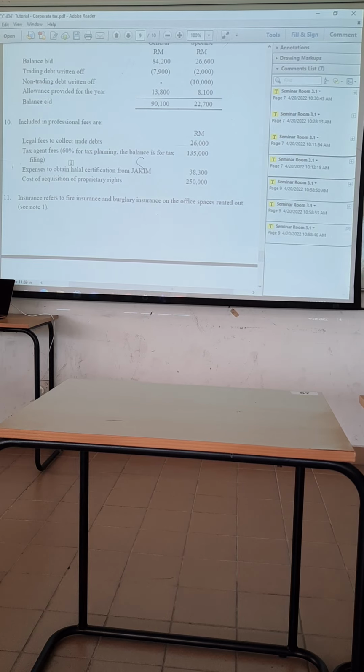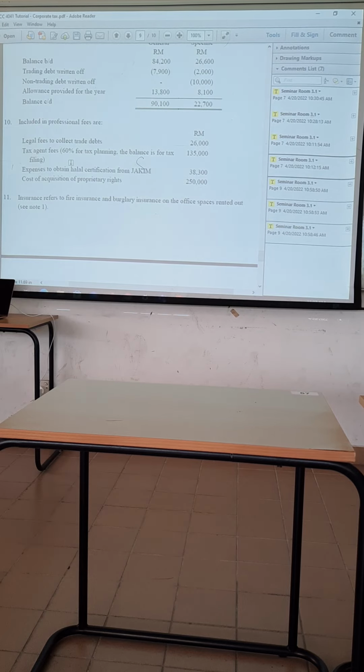Why? Advisory or tax planning is not allowed. So you have to add back 81,000. But on the compliance part, how much is the 40%? 54,000. Out of 54,000, if we say that we only allow you 10,000, so 44,000 you have to add back.